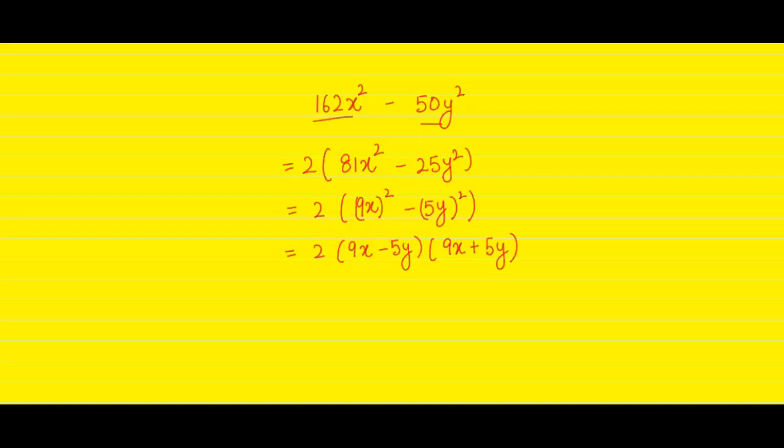So we can see this particular expression has three factors: 2, 9x minus 5y, 9x plus 5y. If you multiply all these three factors together, you will get the same expression back. So you can check this out. Okay, let's take more examples.